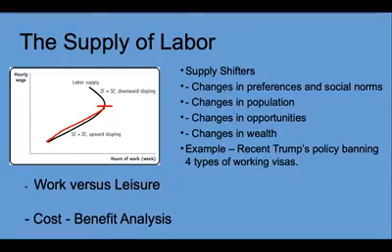The first is changes in preferences and social norms. So what is this? There are some preferences that can come from you or from the government, and social norms can also come from the government.